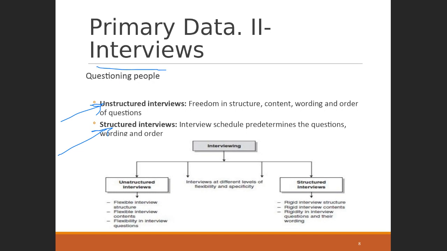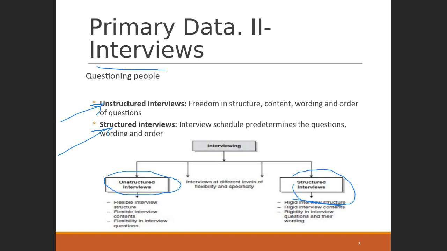So we can classify interviews as either unstructured or structured, depending upon the flexibility or rigidity we have in formulating and asking questions, in terms of their sequence or wording.